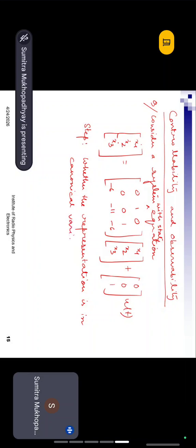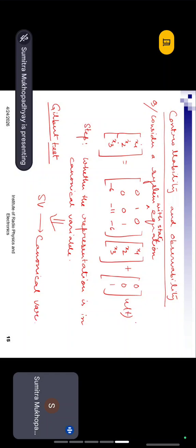If it is not, and you are applying Gilbert's test for identifying or testing controllability of the system, then you have to translate any form of state variable into canonical variable.